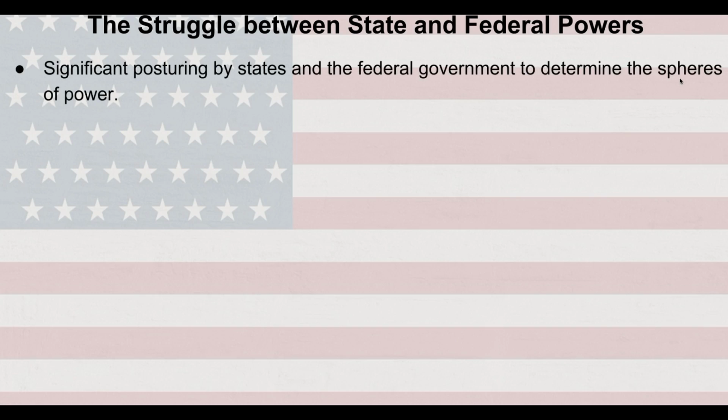And there has been significant posturing by states and the federal government to determine their spheres of power. Especially earlier on, as they start utilizing their powers given to them in the Constitution, they're going to be testing the waters to see what powers they actually have.